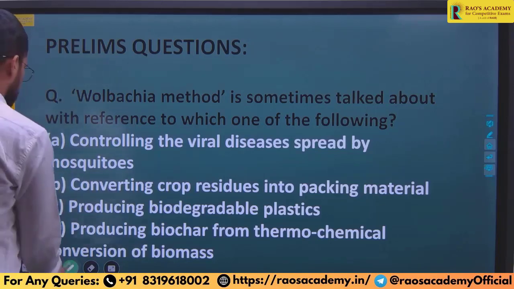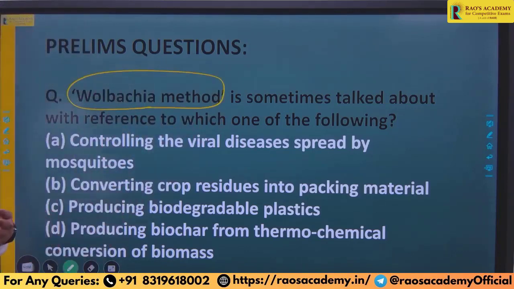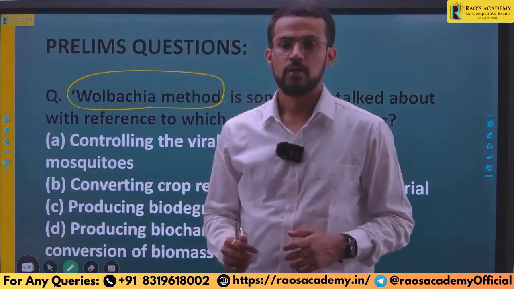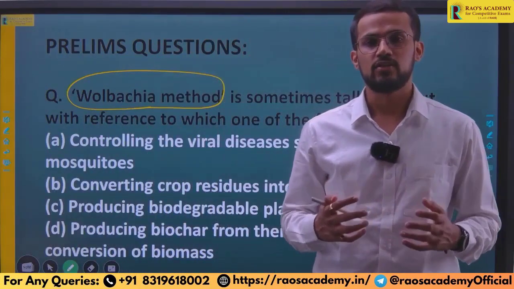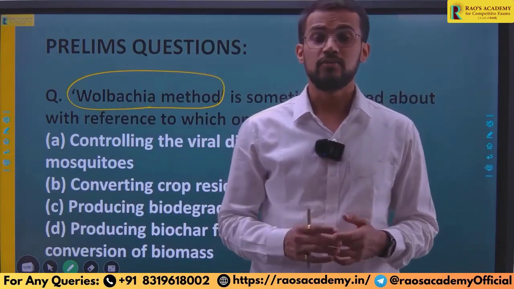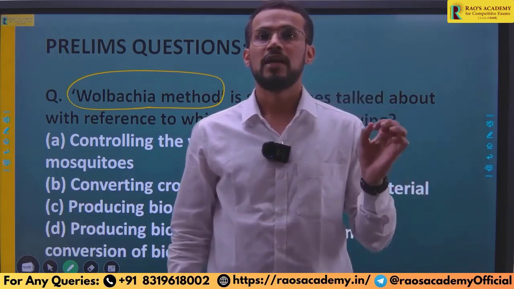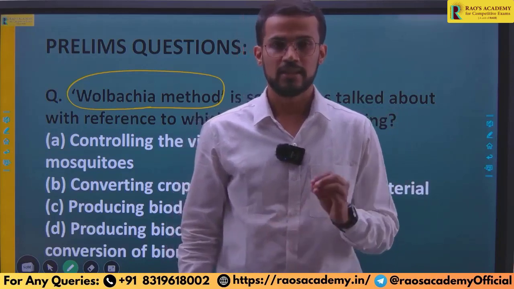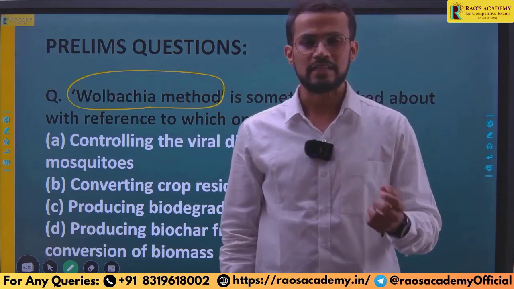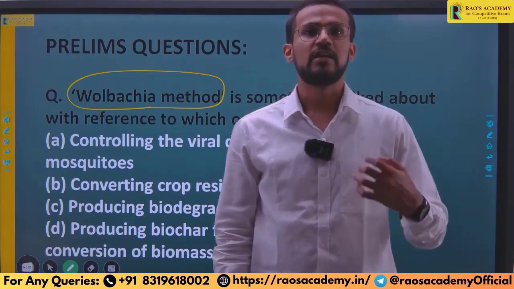So the Wolbachia method is one of the techniques with the help of which we are trying to take care of diseases caused by mosquitoes. Mosquitoes act as a vector for various diseases like dengue, malaria, chikungunya, even Zika virus is transmitted through the bite of the Aedes mosquito. And that's why in order to take care of all these diseases, there is a technique being used where we want to induce sterility in mosquitoes.